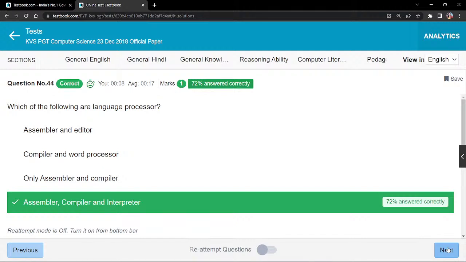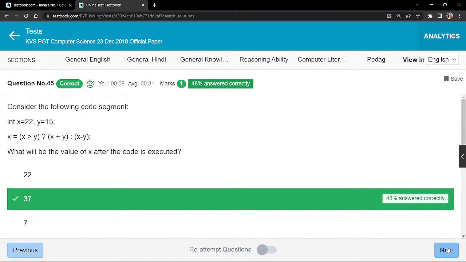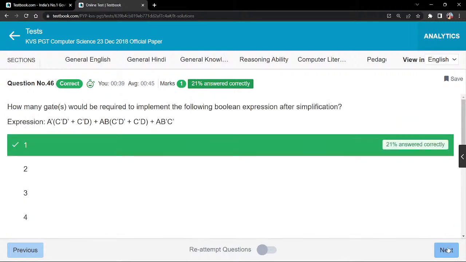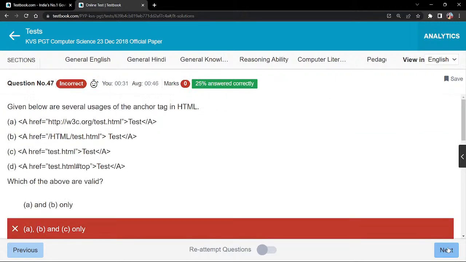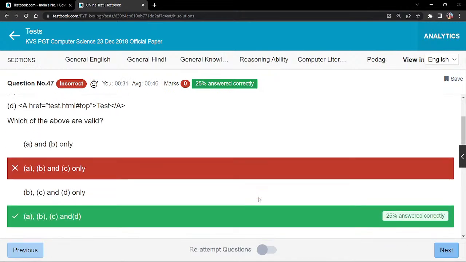So which of the following are language processors, that is assembler, compiler and interpreter? Which HTML code is correct?